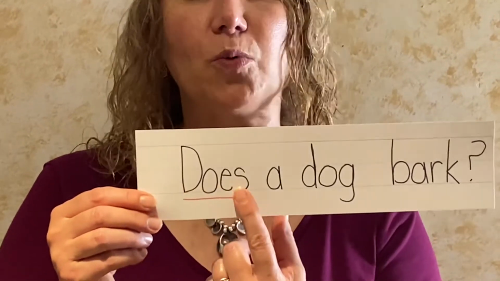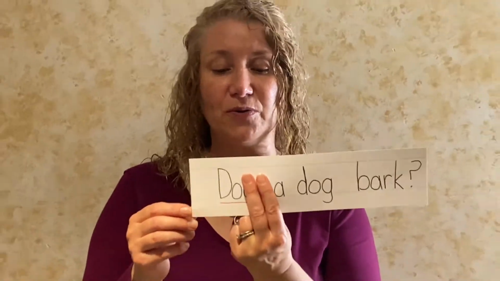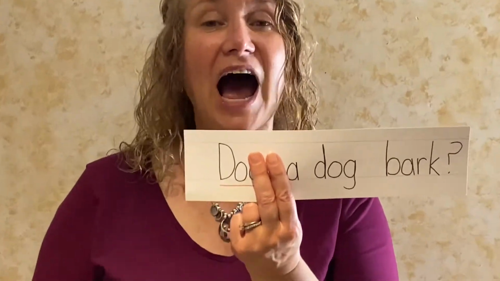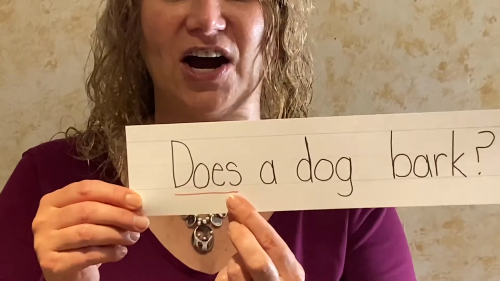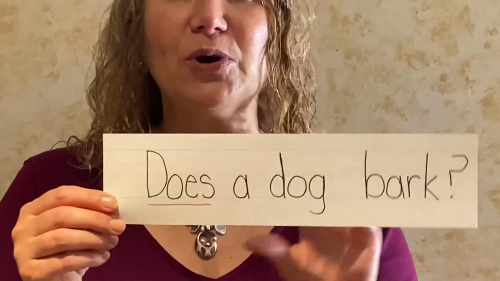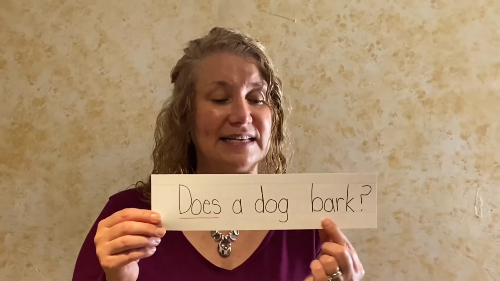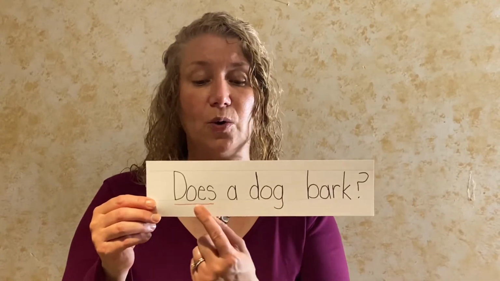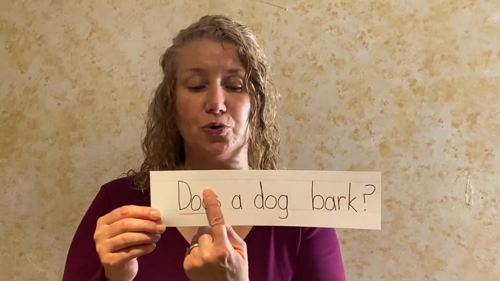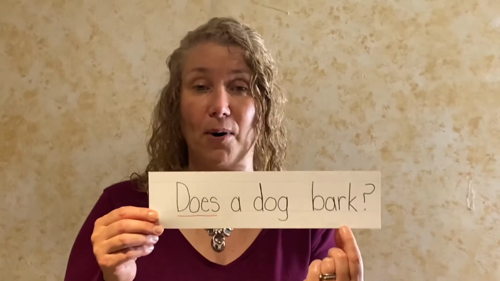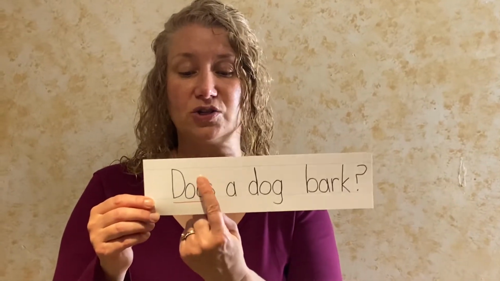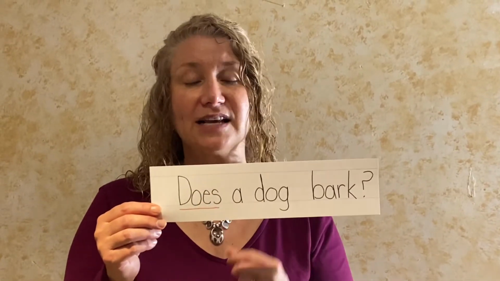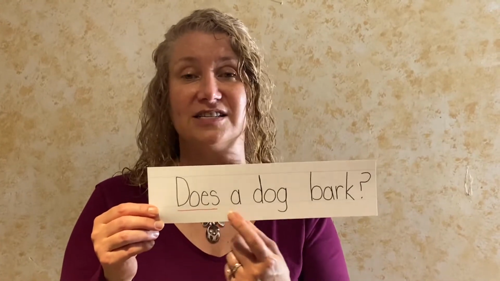All right, the word does has to do with do. If you notice, the word do is hiding in the word does. So if we wanted to say this sentence with the word dogs, we would say, do dogs bark? Yes, dogs do bark. Yes, a dog does bark.